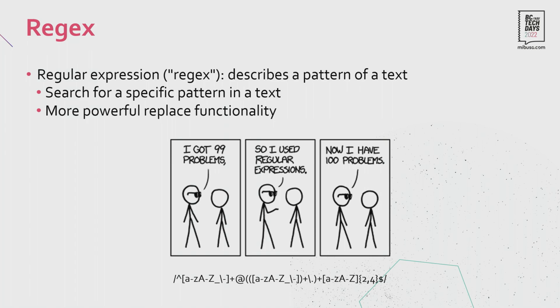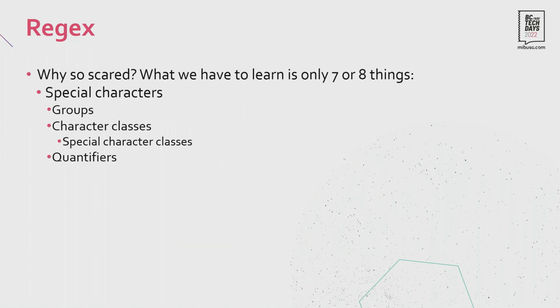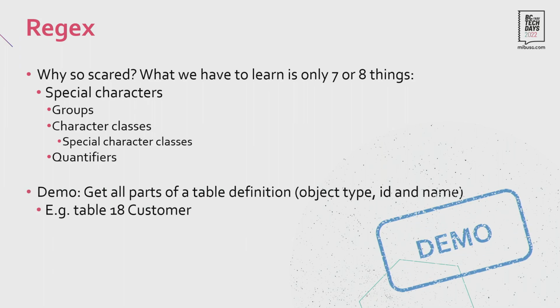But I think we don't have to be so scared. There are only a few things that we have to learn, because they are simply special characters, and these special characters define groups, character classes, quantifiers, or something like that. And I want to go through that with you with an example that should be familiar to you.